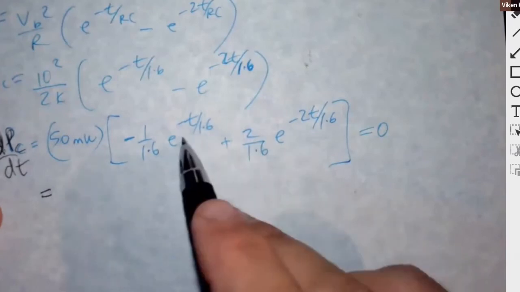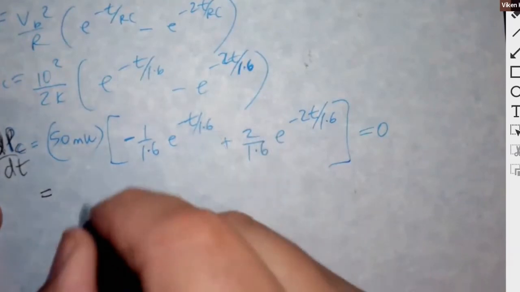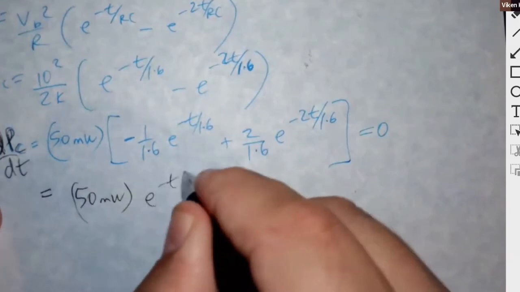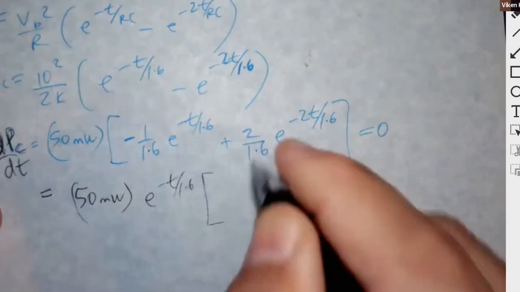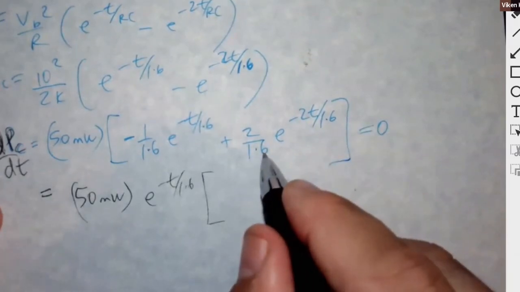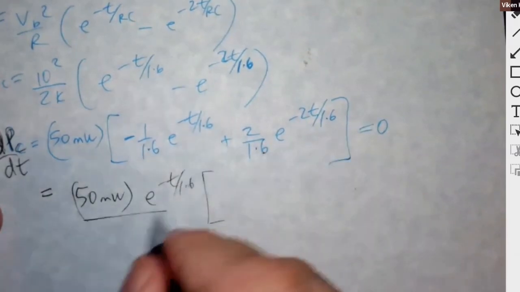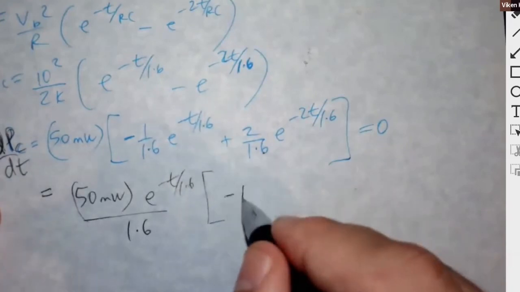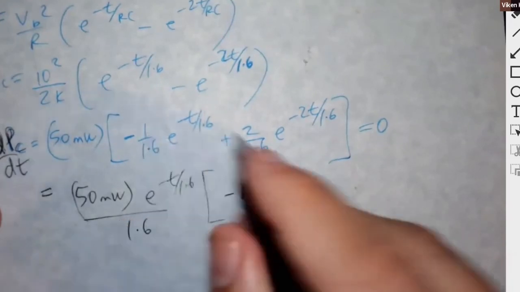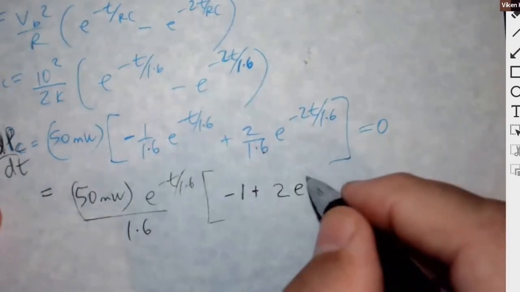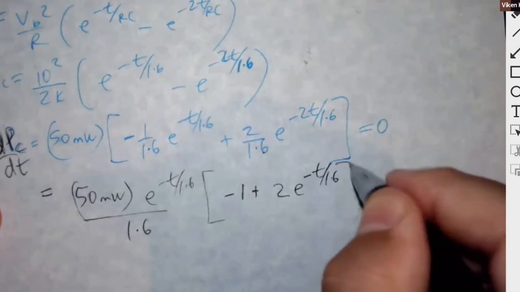Then you're going to have, let's see, we could factor out the e to the minus t over 1.6, right? So 50 milliwatts, e to the minus t over 1.6. Oh, we could factor out the 1.6 also, right? So then we're just left with negative 1, which is this, plus 2 e to the minus t over 1.6.